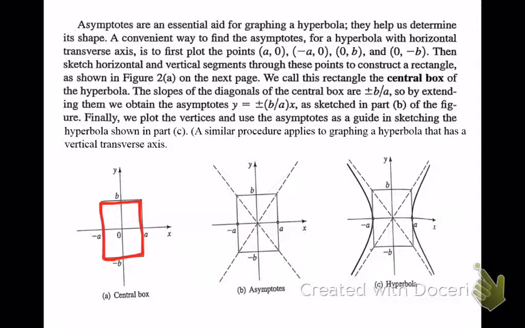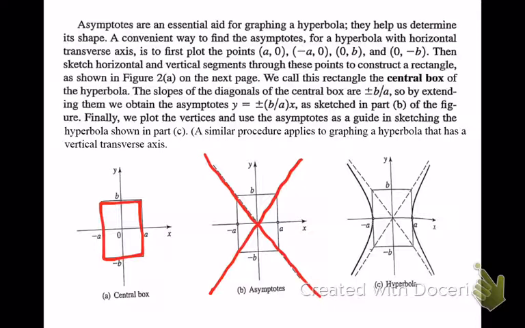This rectangle is called the central box of the hyperbola. The slopes of the diagonals of the central box are rise over run, so that's positive, negative b over a. I just go through the corners of my central box to draw my asymptotes.